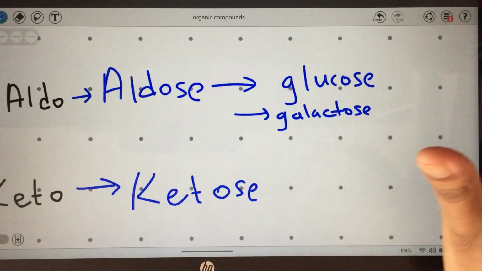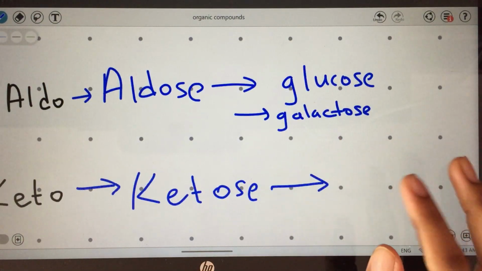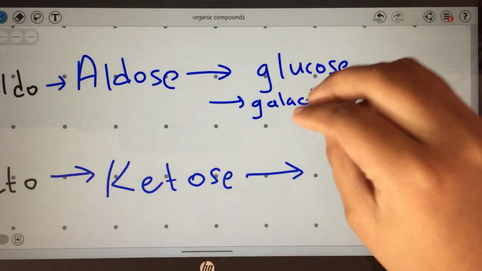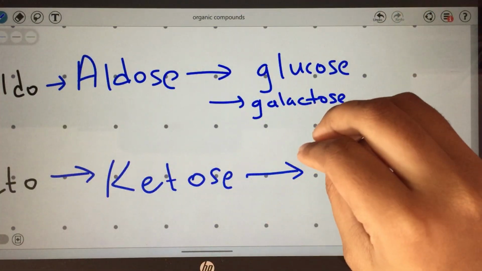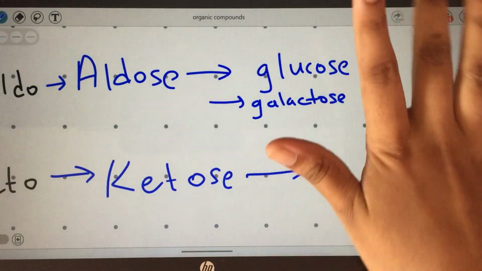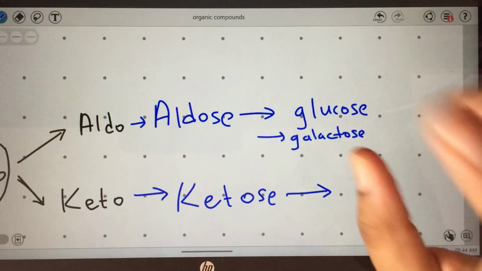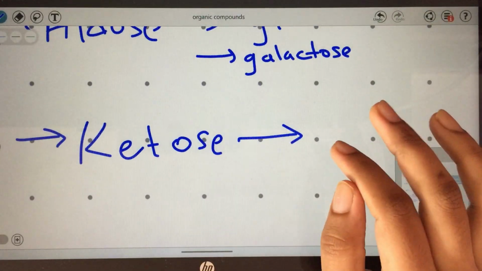Don't go to remember examples outside the book at all. There are obviously examples. Why? These are not the only examples for monosaccharides, no. But what you need is this. That's all. Okay. So for aldose you have glucose and galactose. For ketose you have an example, fructose.